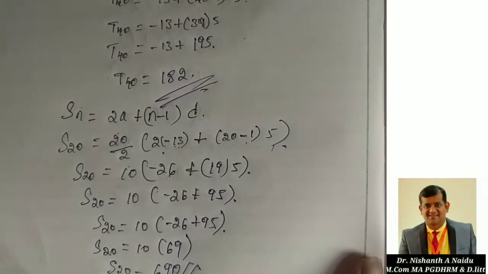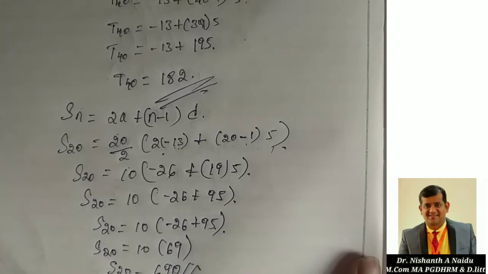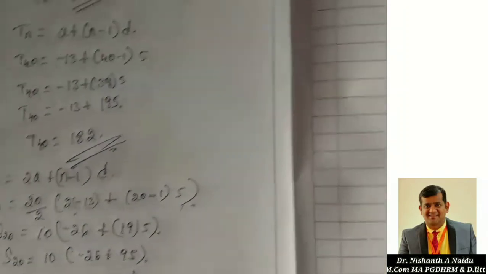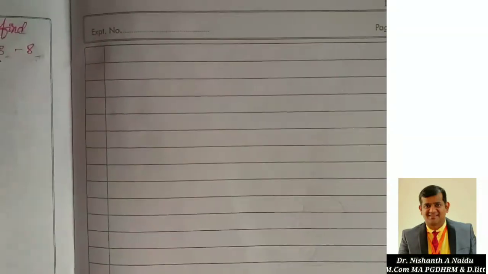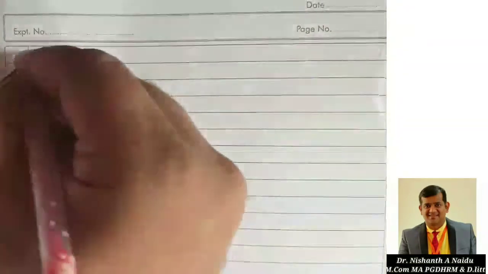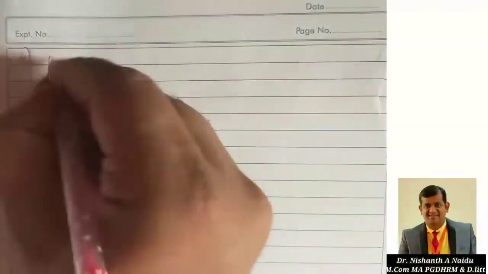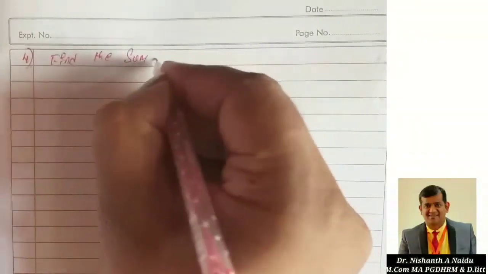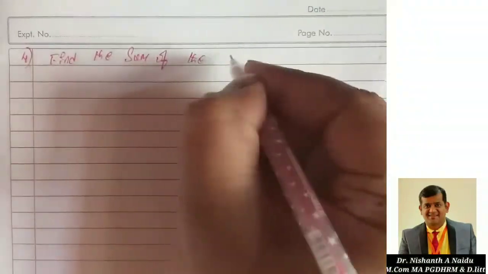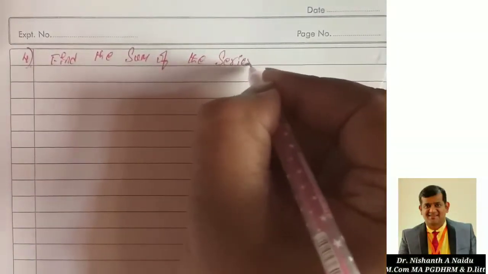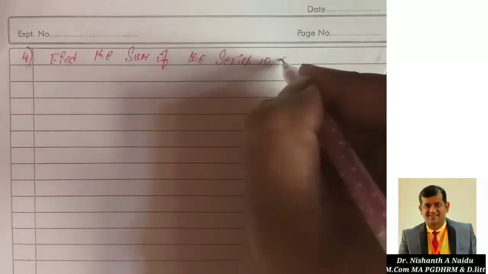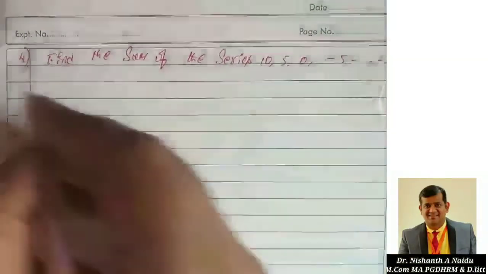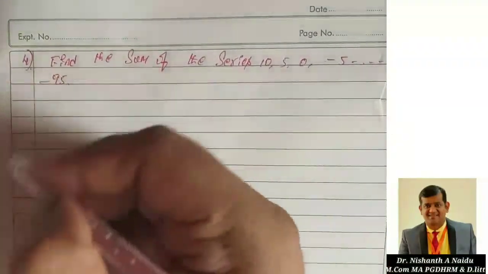So I believe you have understood. With the same spirit, I am moving on to the next problem, problem number 4. Find the sum of the series. The series is 10, 5, 0, minus 5, and so on, up to minus 95.